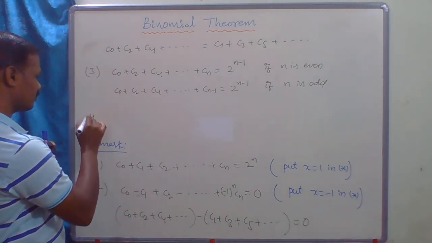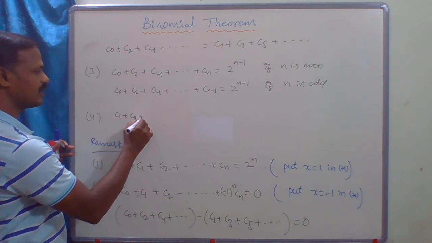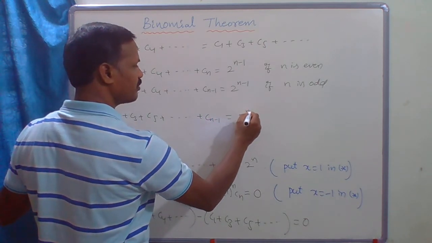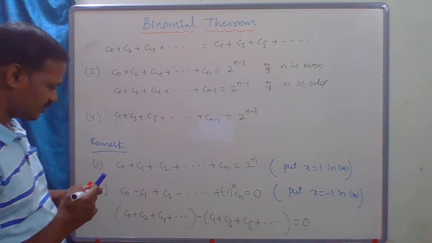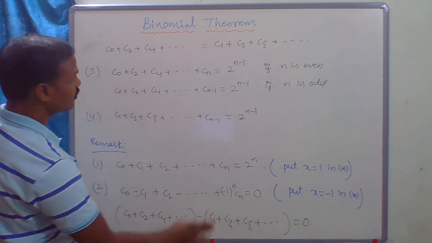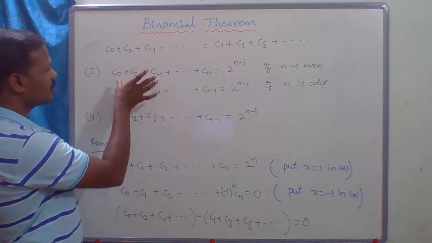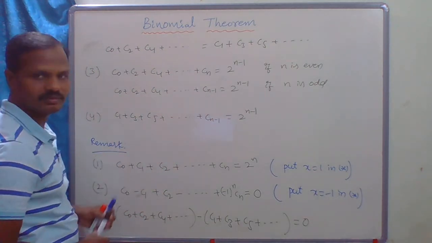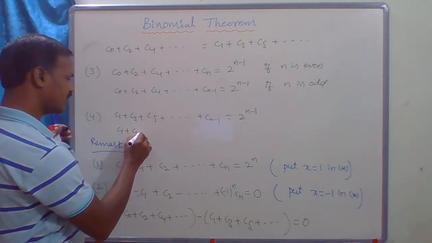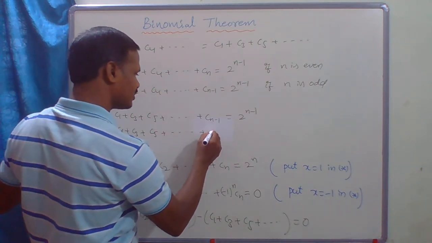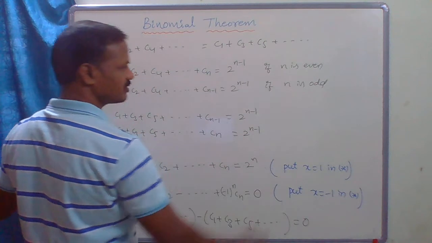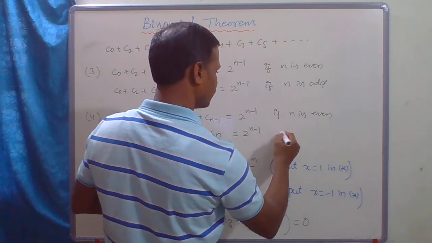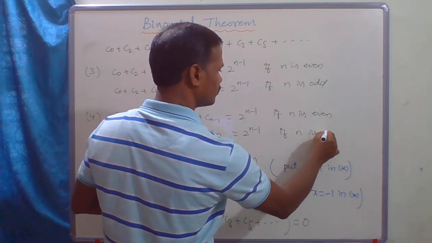Similarly, C1 + C3 + C5 + ... = 2^(n-1), because this is equal to this, and this value is 2^(n-1).